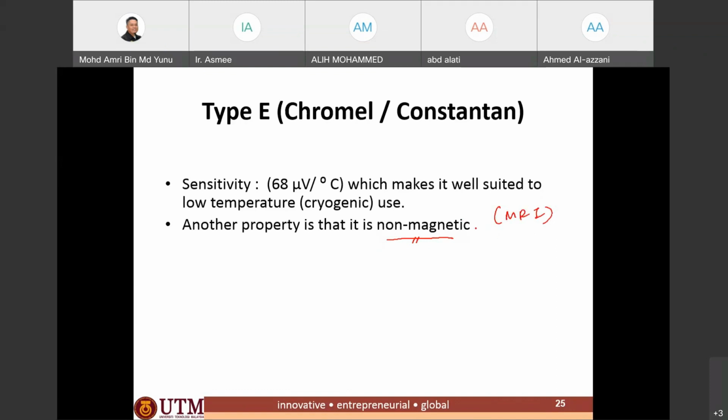That magnet must be cooled down to a very low temperature to achieve a superconductor condition. So to properly measure the temperature, one of the equipment that we can use is thermocouple type E.